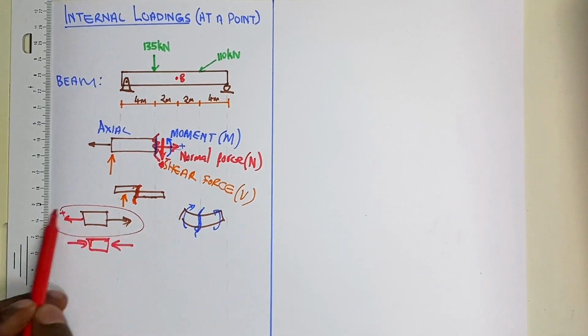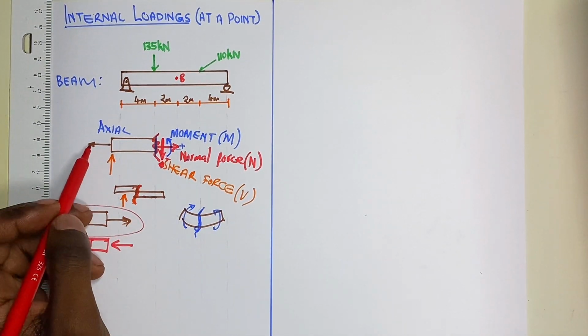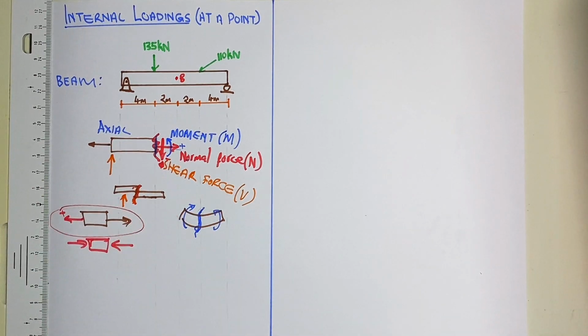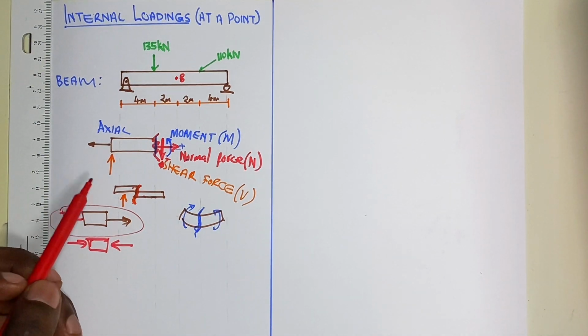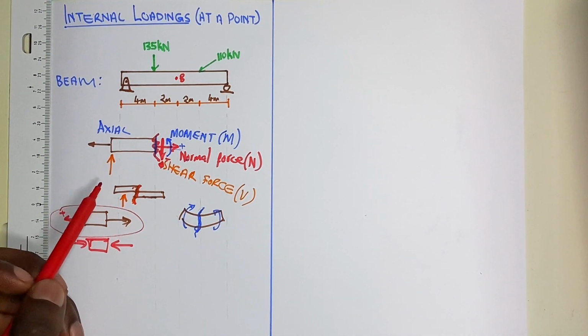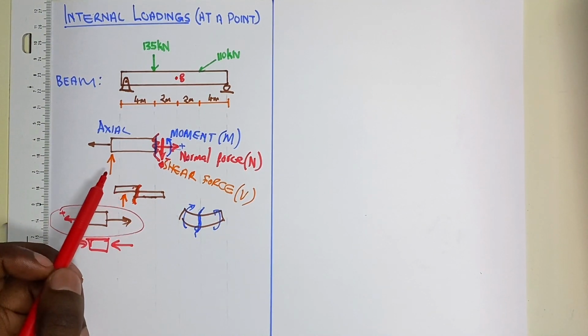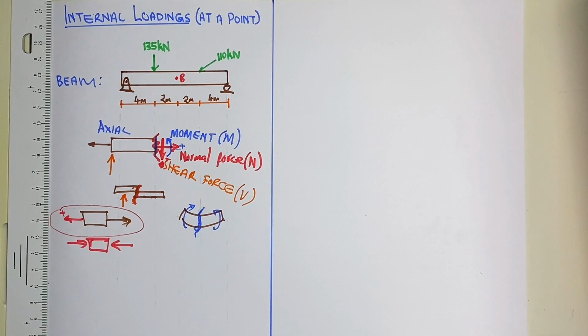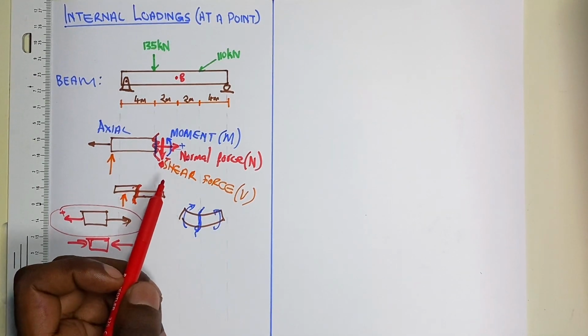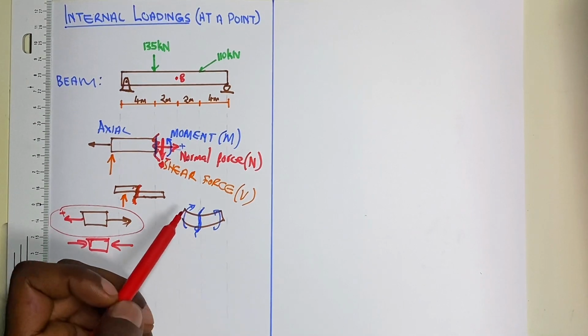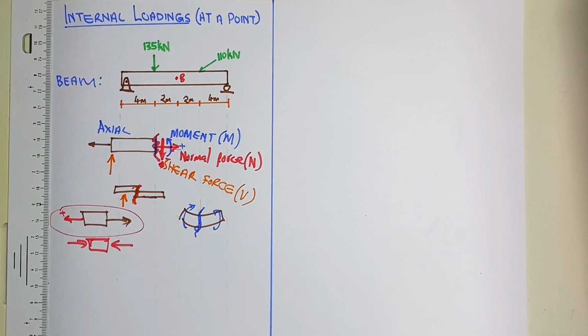In this case, when our external force tends to pull the beam apart, we will look at the internal axial force as positive. With the shear, we will take it as positive when the external force tends to push a portion of the beam upwards. And in terms of bending moment, we will take it positive when the external forces tend to bend the beam concave upward.